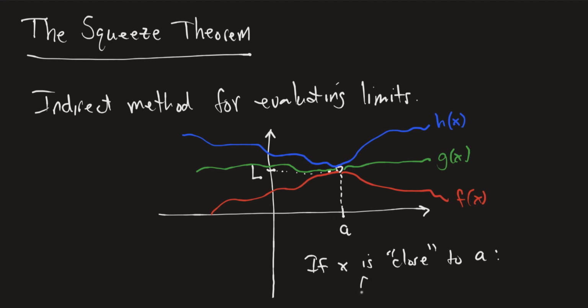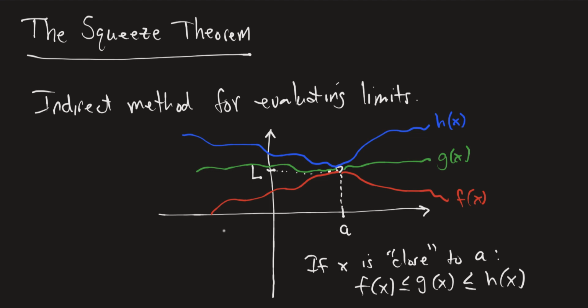So that means f of x is the least of the 3 function values, and then g of x is greater than or equal to f of x, and then finally h of x is greater than or equal to g of x. So we can see that as long as we stay close to a, because I don't know what happens further out down here on my graph or over here, but as long as I stay close to a, then this inequality here is true.